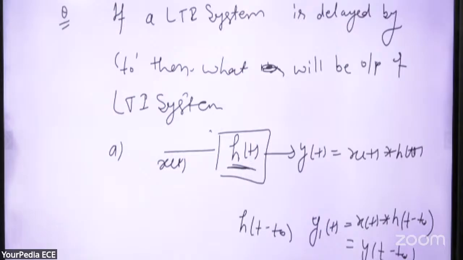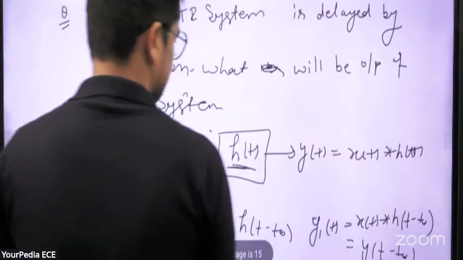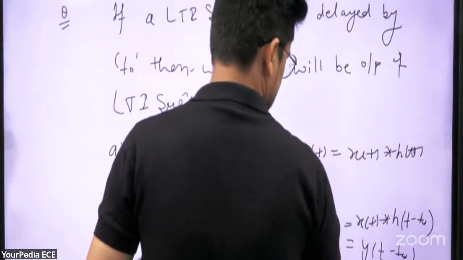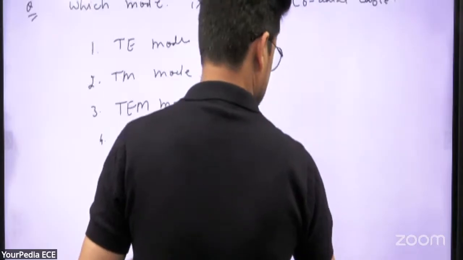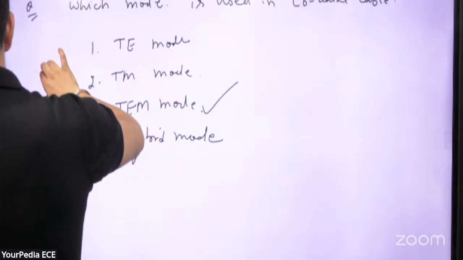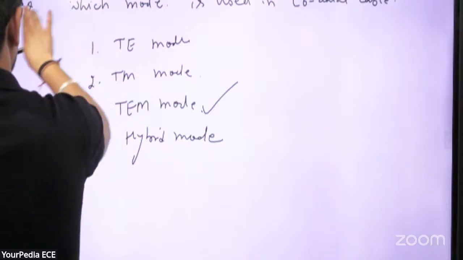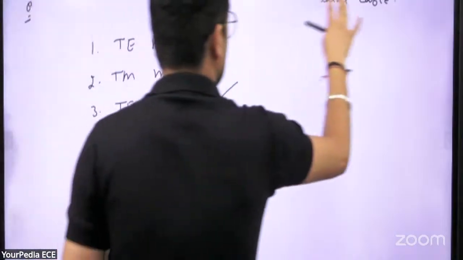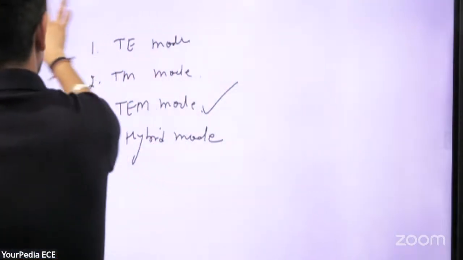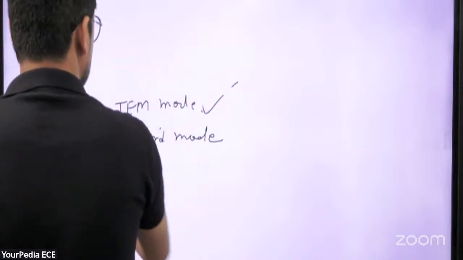Yeah. One more question I'm getting from the student, that is, which type of antenna is used in satellite communication? Basically these questions you can answer from your general knowledge.